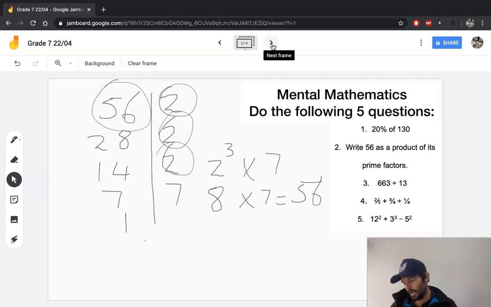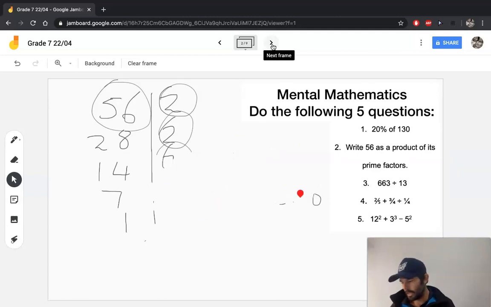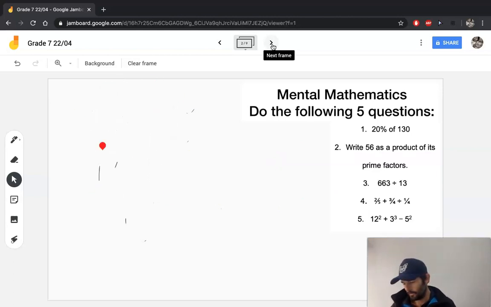Okay, then long division question, 663 divided by 13. I'm just going to draw a table for you. Put 13 here. If I multiply 13 by 10, I get 130.